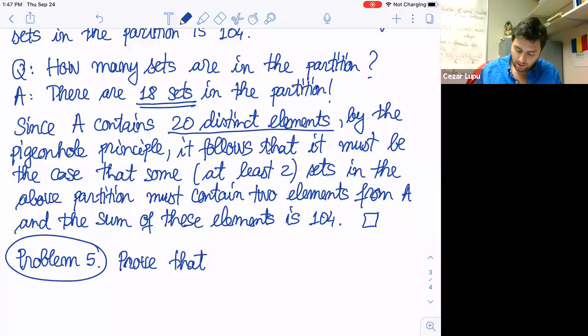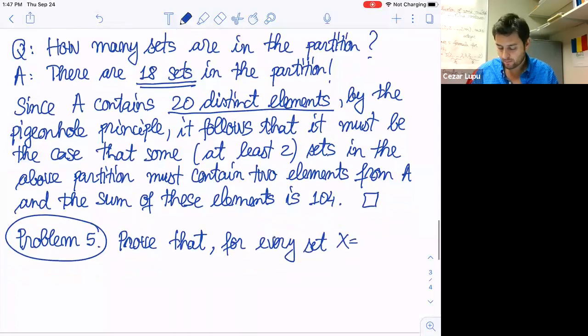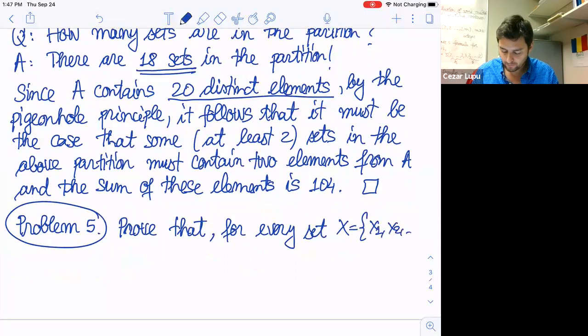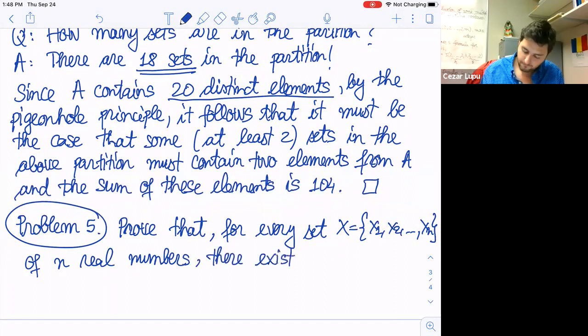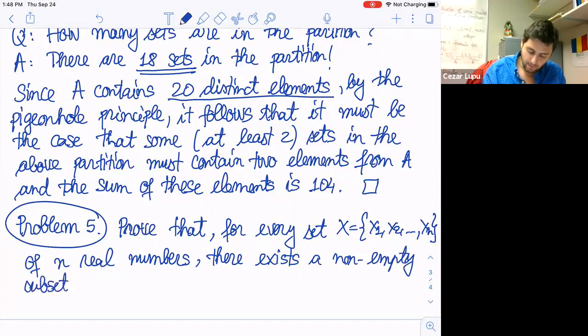Prove that for every set X containing these numbers x1, ..., xn, of n real numbers, there exists a non-empty subset S of X. It's very vague.